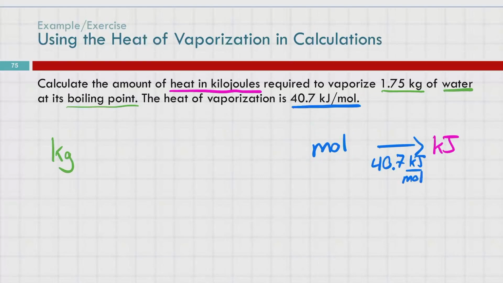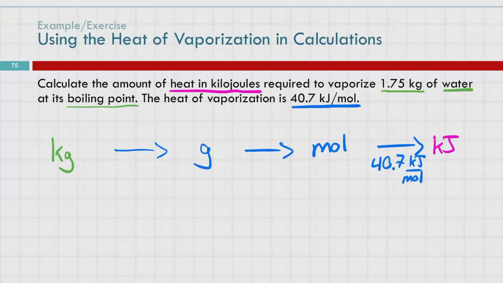Can we get moles of water? How do we get moles of water? We would need grams. Can we get to grams from kilograms? We sure can. So that's going to be our set of steps.